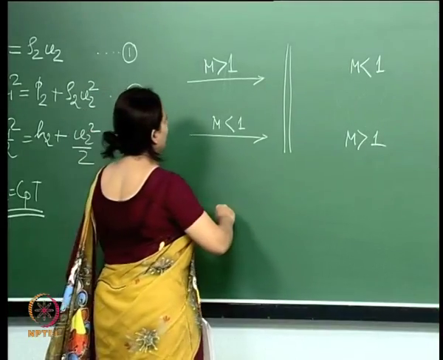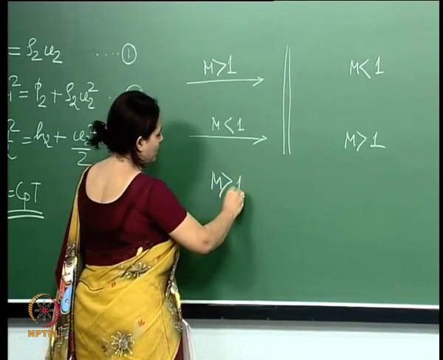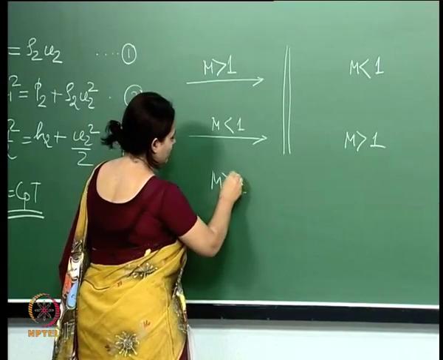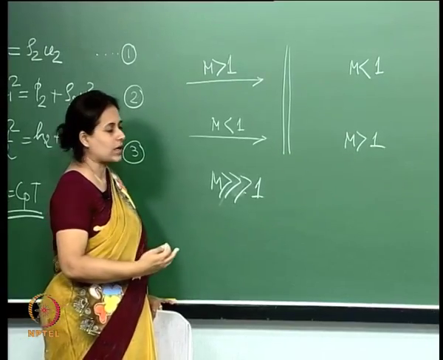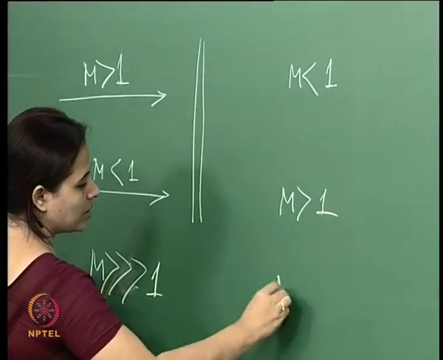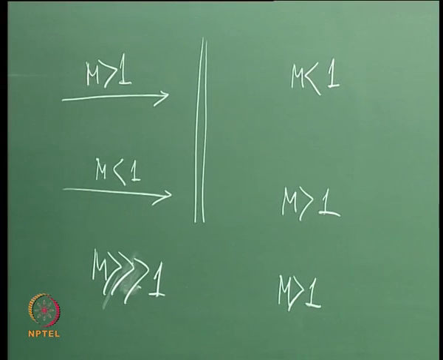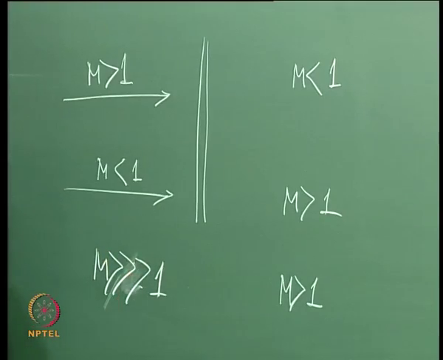Or is it that we have a very, very high Mach number flow and a slightly less Mach number flow? Both are supersonic, by the way, and we then have a shock wave, and so on.